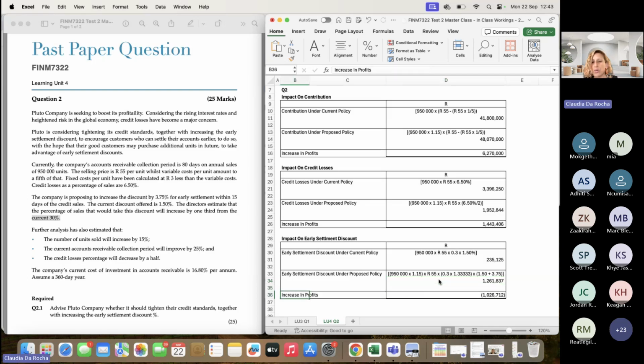Right. So what do we have? Do we have an increase in profits or decrease in profits? Okay. So with an early settlement discount, it was 235. It's going to increase to 1.261, and it's going to impact our income statement because settlement discounts go through the income statement. So it's going to be a decrease in profits.